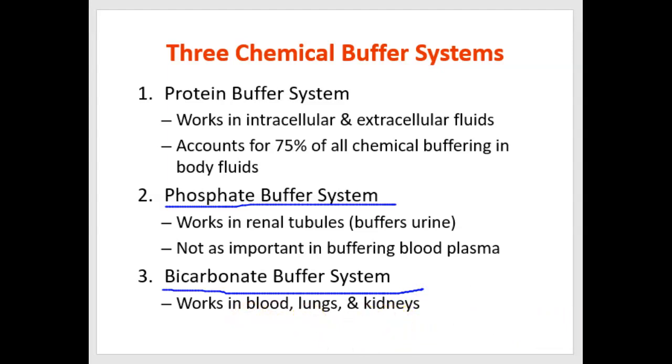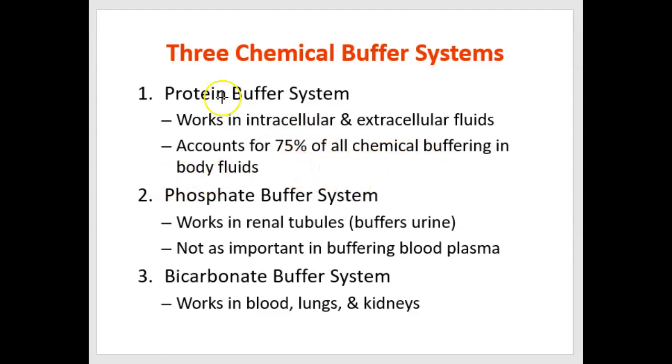But the protein buffer system is just the presence of proteins in our bodies, like albumin in the plasma, proteins that are on the surface of cells, proteins that are floating around in intracellular fluid, proteins that are in extracellular fluid.